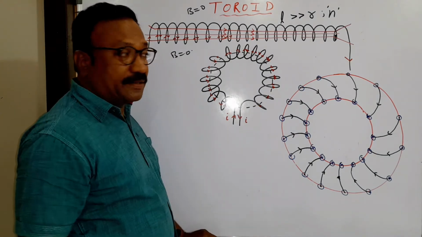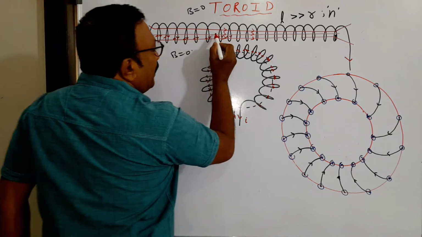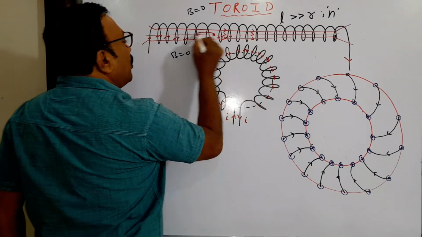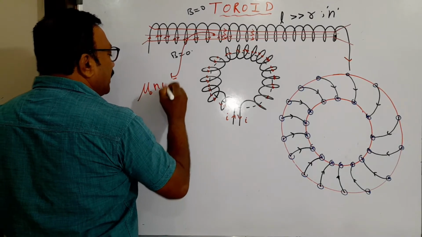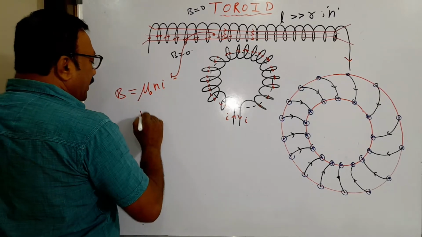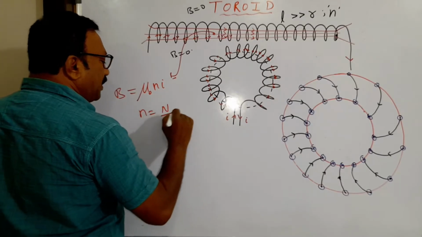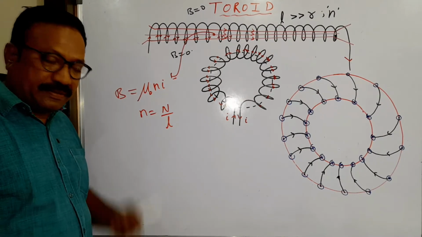Very, very important. You remember the magnetic field inside this solenoid is mu naught n i, where n is the number of turns per unit length. You can substitute n if you want, no problem.